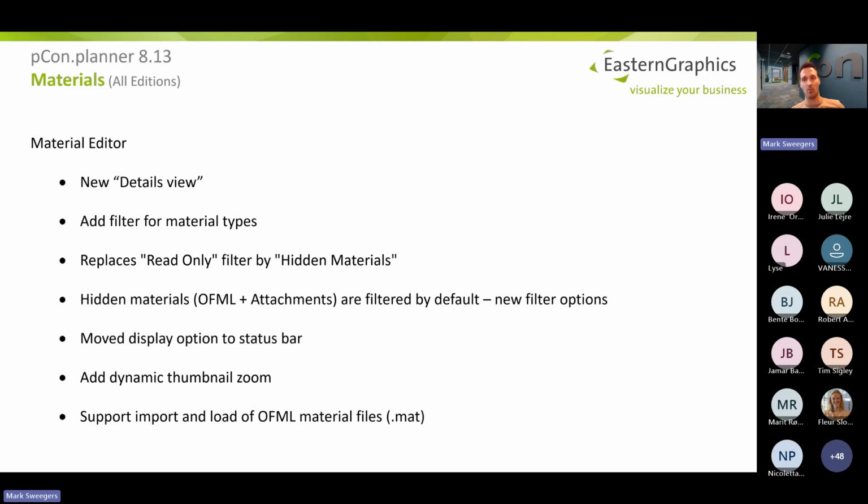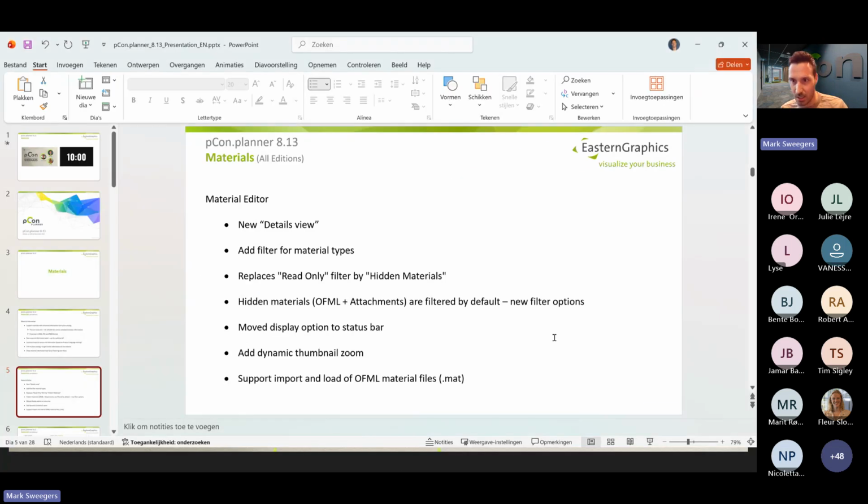So that's something that I will showcase in just a few seconds. And also I will give a concrete example of how it looks in the material editor, as you can see on this screen. So let me just get to pCon.planner.